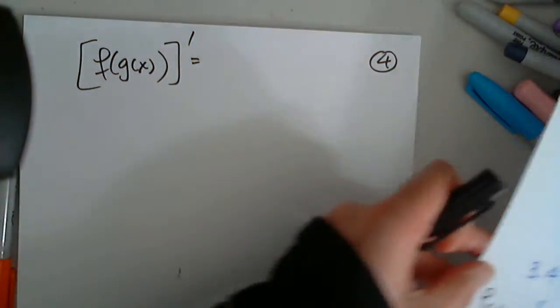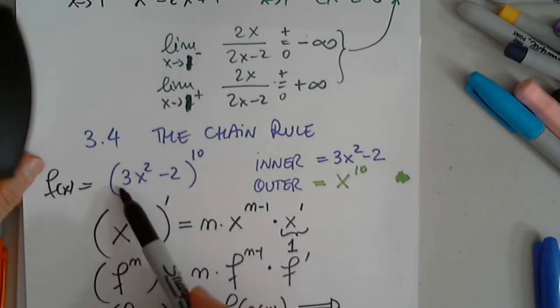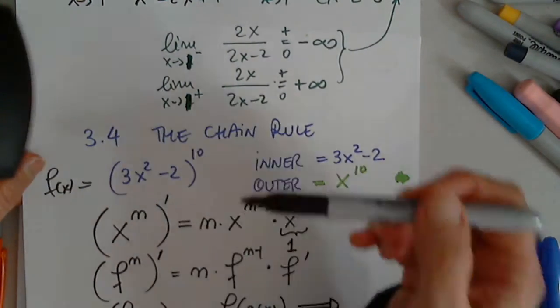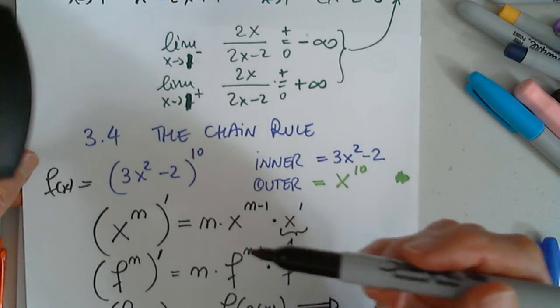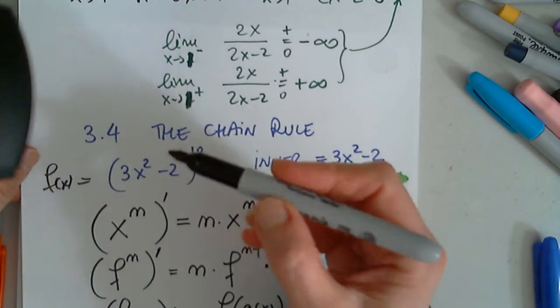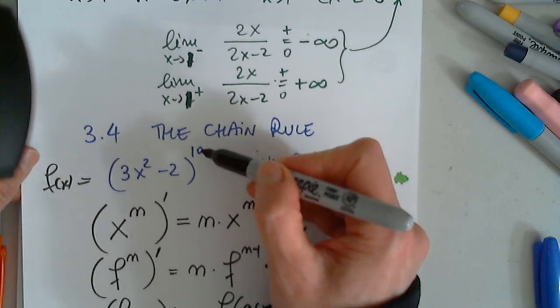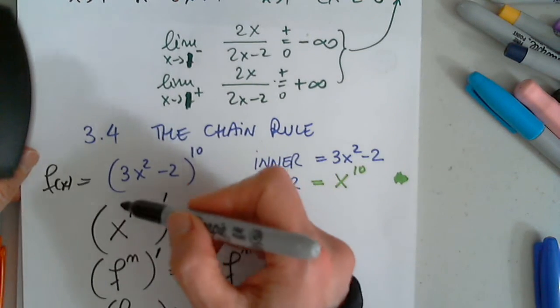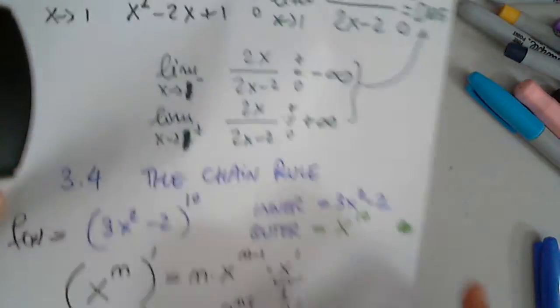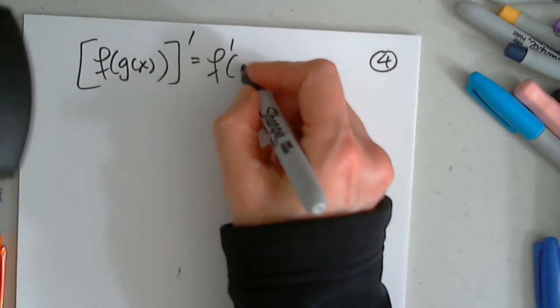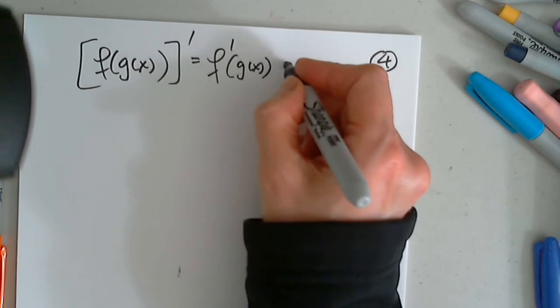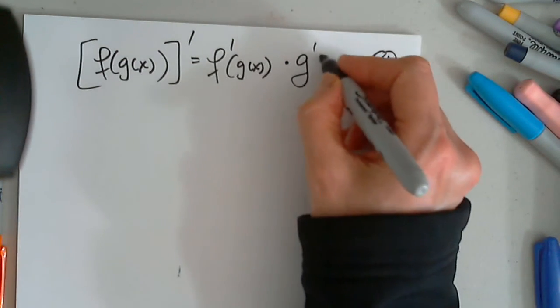When we evaluate a function like this, we start with the inner, and then we eventually get to the outer. When we differentiate, we do the reverse. We start with the outer, and we get to the inner, and then the innermost. So this will be f prime, the outer function prime of g of x, times the inner function prime.